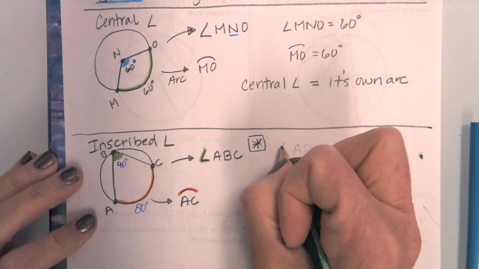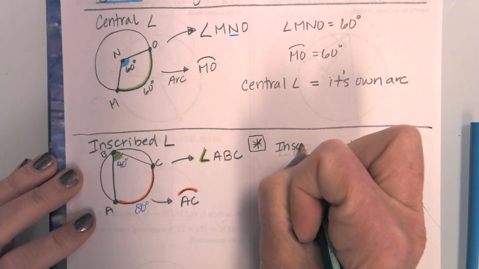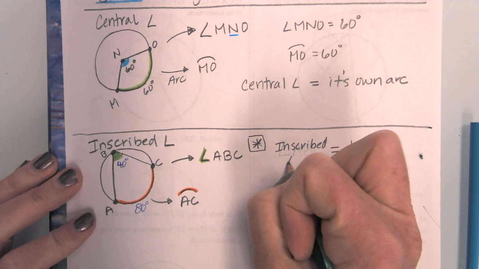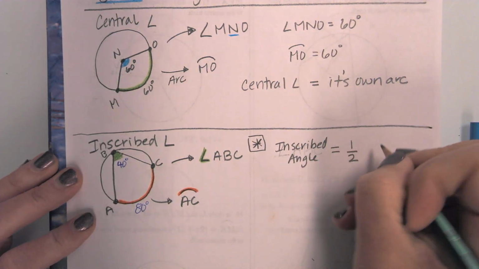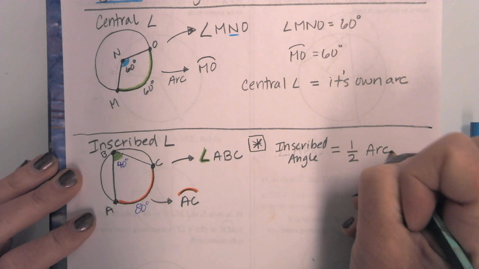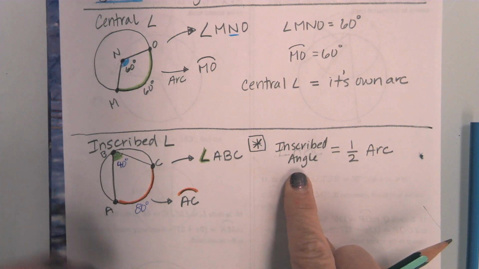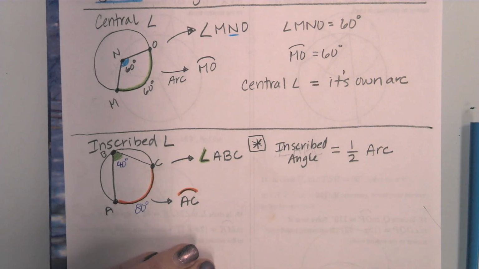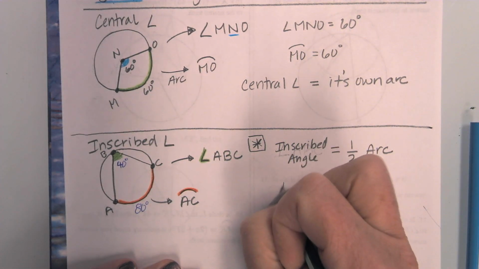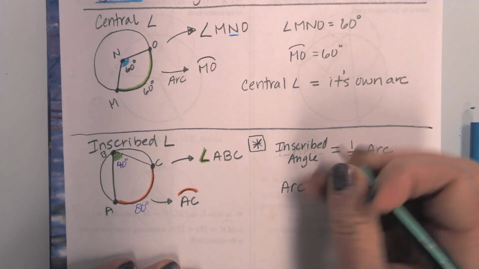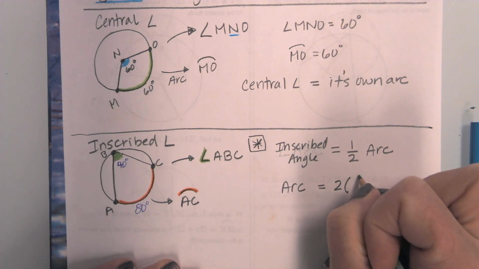So your inscribed angle is half of the arc. So if I know the arc, I cut it in half and I have the angle. And vice versa. If I have the arc, it is the same thing as 2 times the inscribed angle.